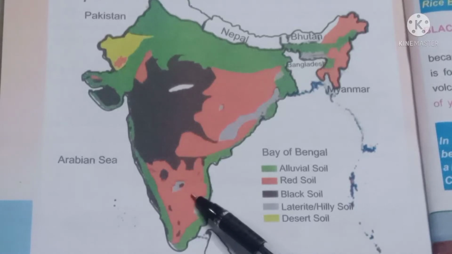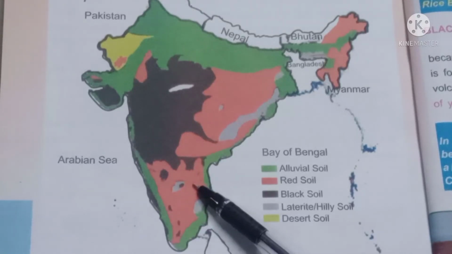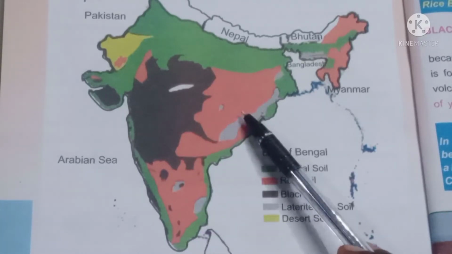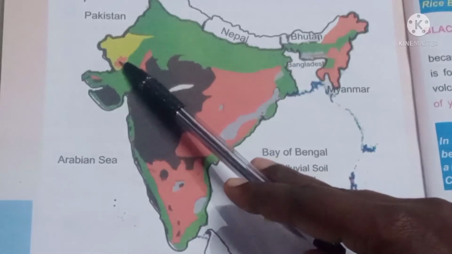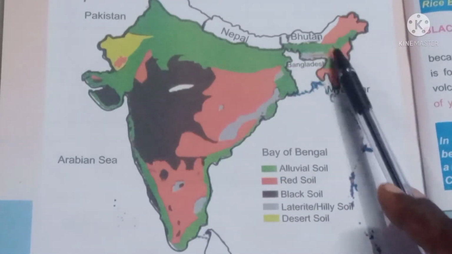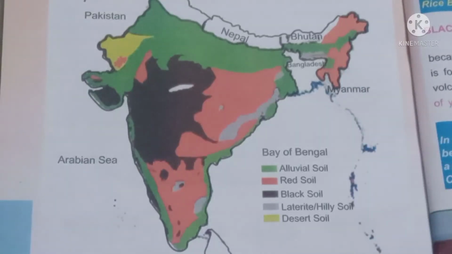This type of soil is found in Tamil Nadu, Karnataka, Andhra Pradesh, then eastern Rajasthan, and we can see Arunachal Pradesh here also. In this soil, groundnuts, ragi, pulses, chilies, tobacco, vegetables and fruits are cultivated.